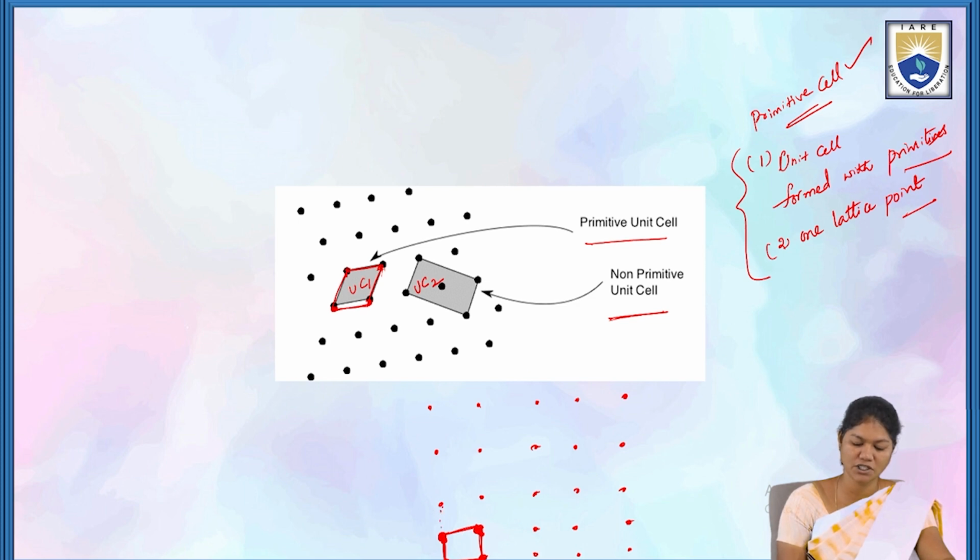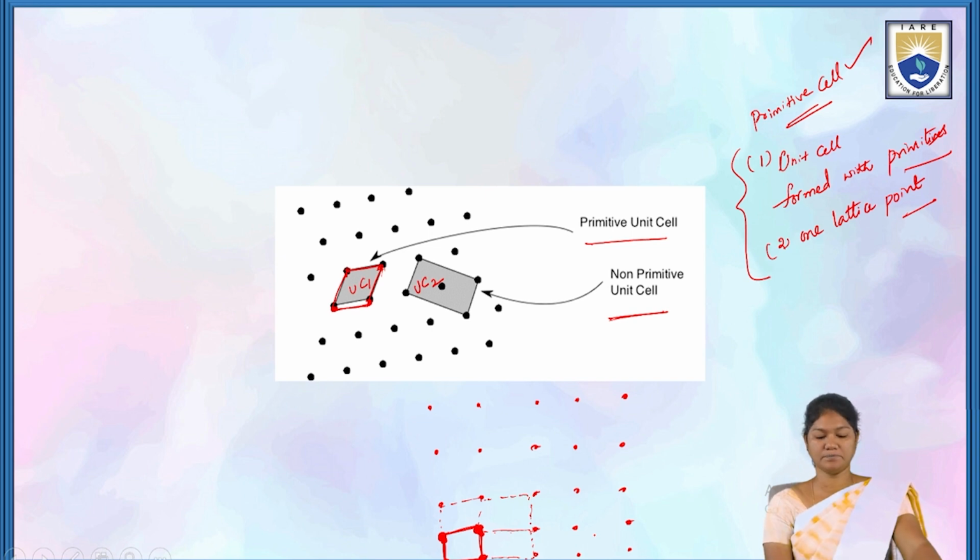So this can be shared with the other unit cell. So this is shared with another unit cell, and here this lattice point is shared with the other unit cell.